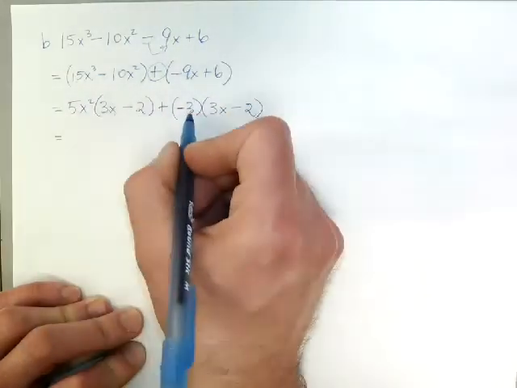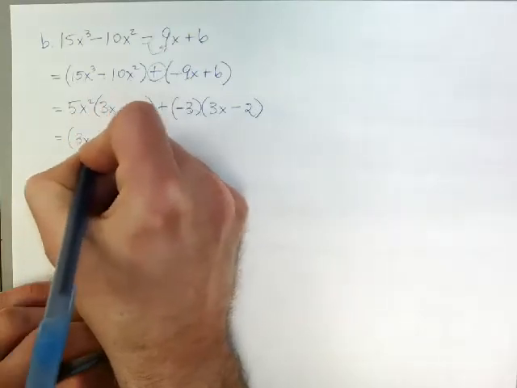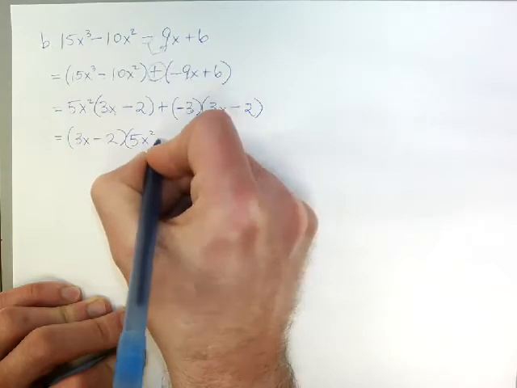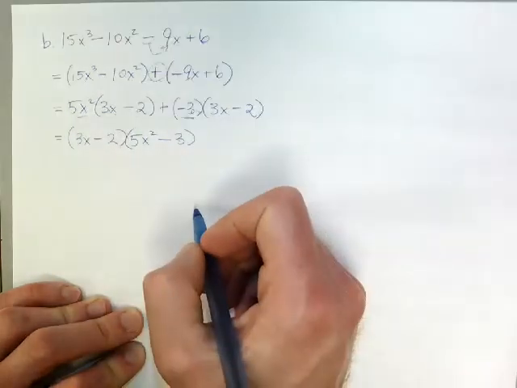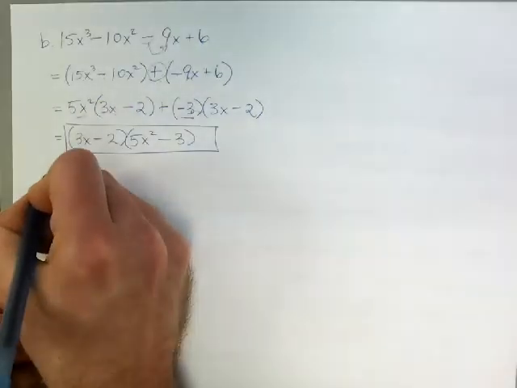Okay. Finally, what we need to do is factor out that 3x minus 2. And it leaves behind 5x squared minus 3. And that's factored. All right.